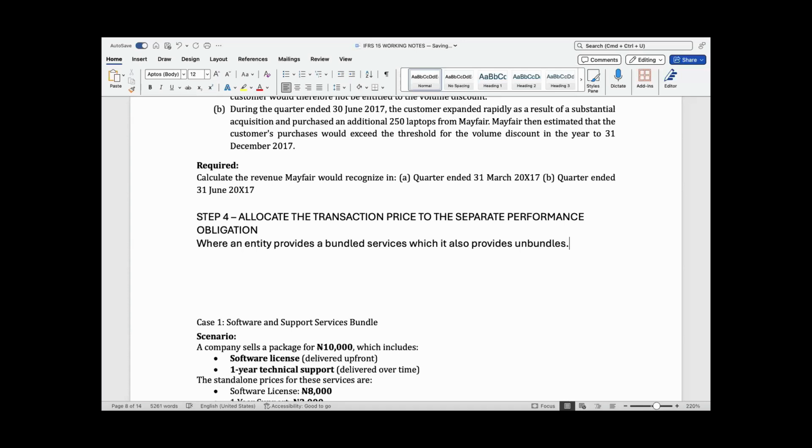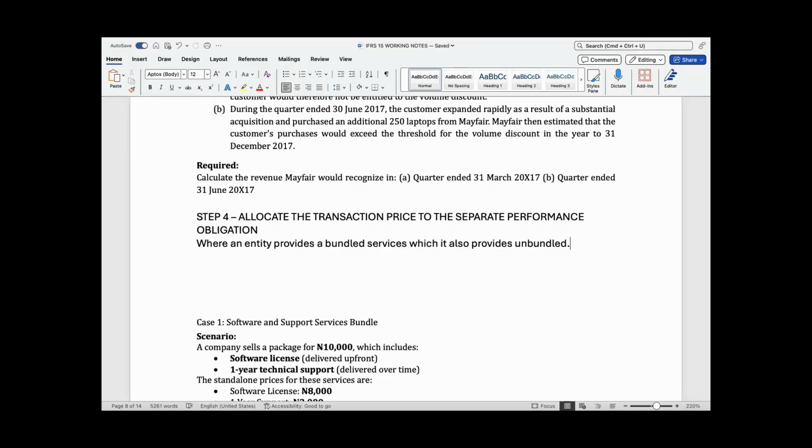That is, let's say you go to a gym, you pay gym subscription, and if you need a personal trainer, you pay for that separately. They provide that service separately.